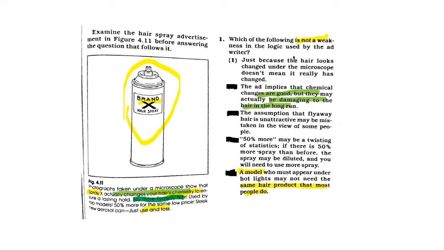You cannot see chemical changes with your eyes because they happen between the different atoms. But you can see the chemical change under a powerful microscope because the powerful microscope will look at the individual atoms inside a molecule. So number 1 is not a weakness of the logic because number 1 is not true.